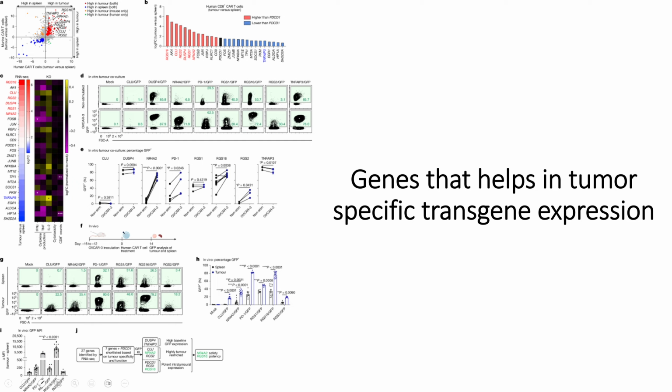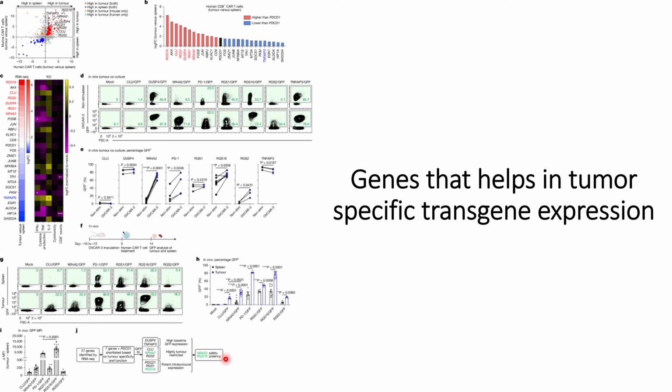So from that they picked RGS16, and from the GFP expression they picked NR4A2, because NR4A2 showed more specificity compared to the others. So they picked two best candidates: one for specificity, and one for the high difference in GFP signals between tumors and spleen.